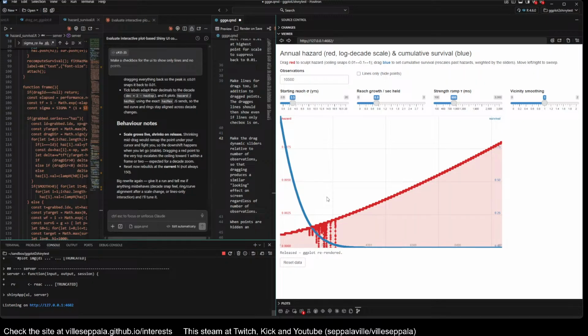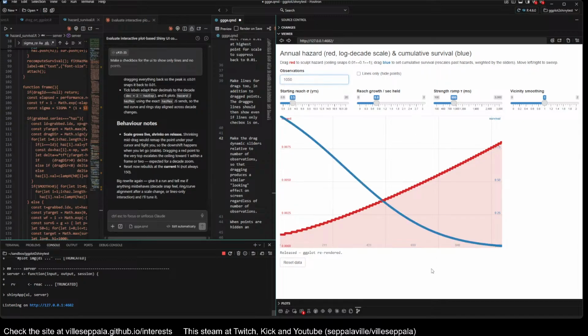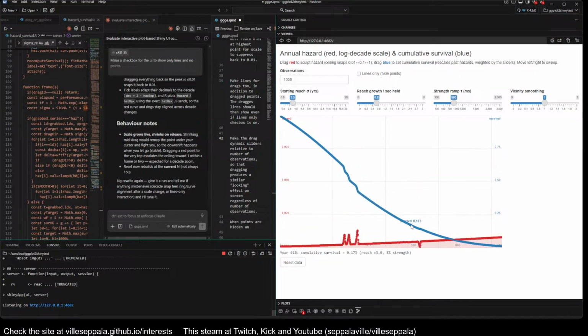You could calculate the actual data in R, and it could come to the user with some delay. If this 1,000 remains, this seems quite responsive to me. Seems super responsive actually.